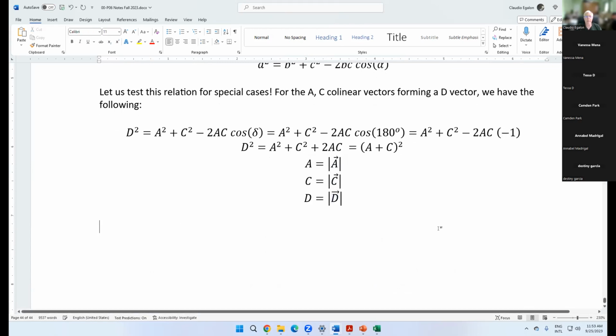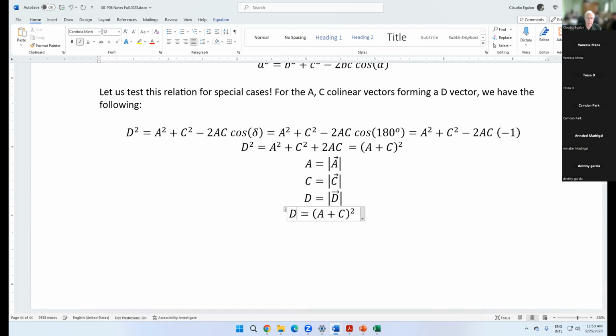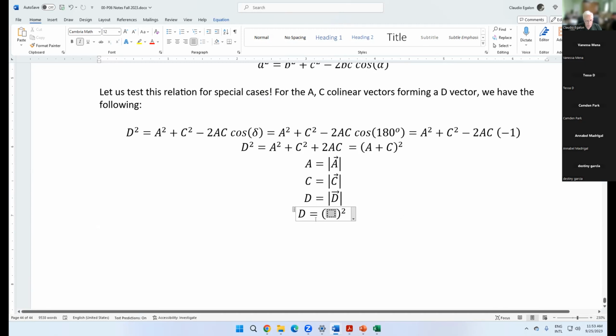Now we have the following: D squared is equal to A plus C squared. D is equal to A plus C, right?